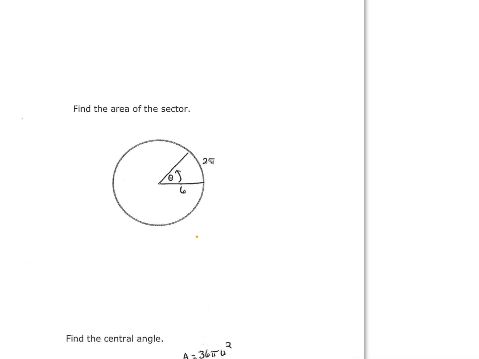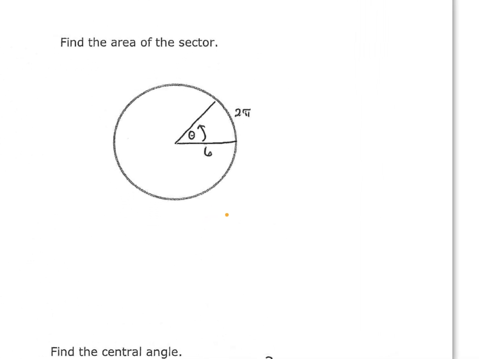Because here's the issue, we're going to focus on middle right to begin with. So we're asked to find the area of the sector. So the area formula says A is equal to 1/2 r squared theta. So we're going to do 1/2 times 36, but we don't know theta. So we've got to figure out what theta is.